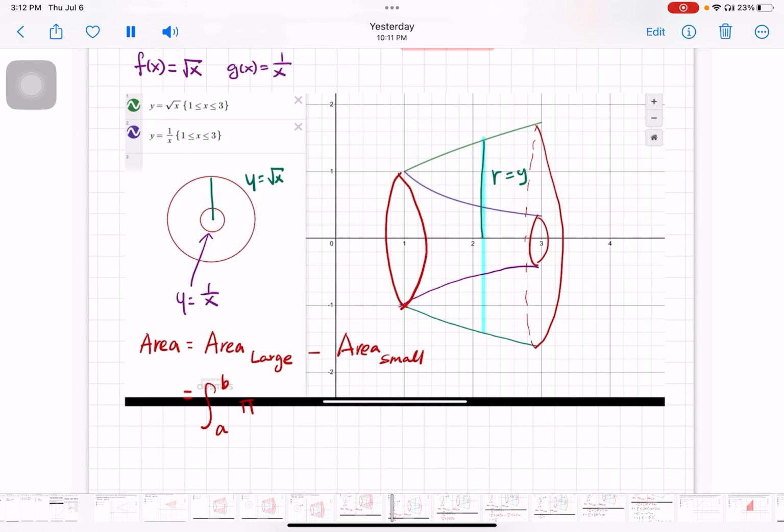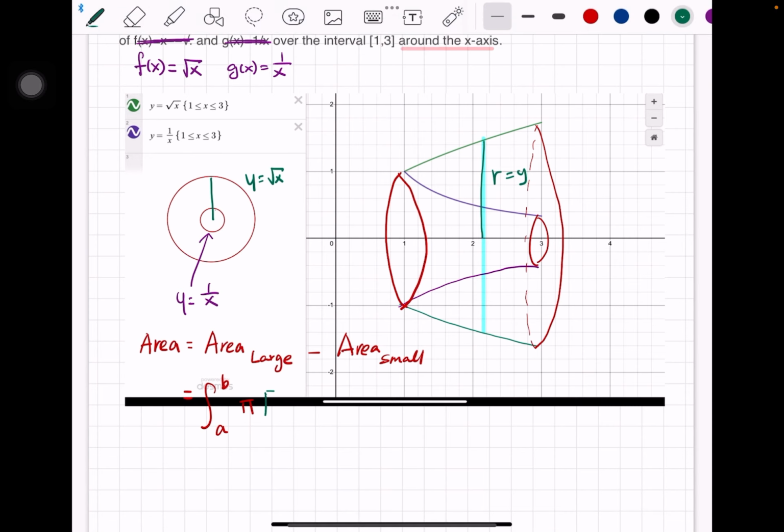Now we see that the r value for the larger circle is going to be the y value for the green graph, which is square root of x.